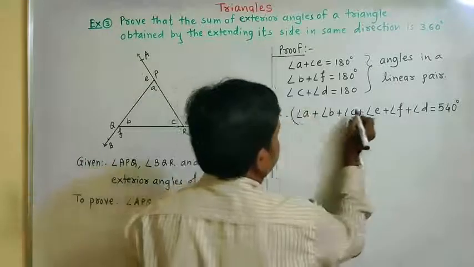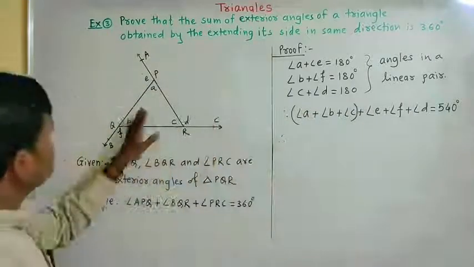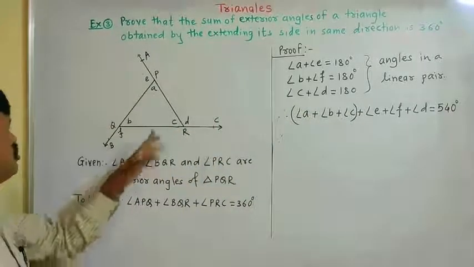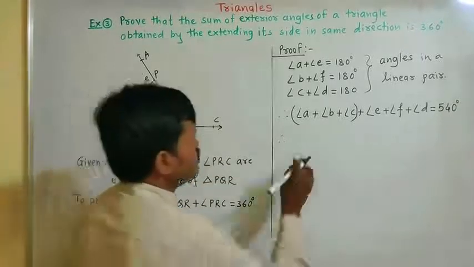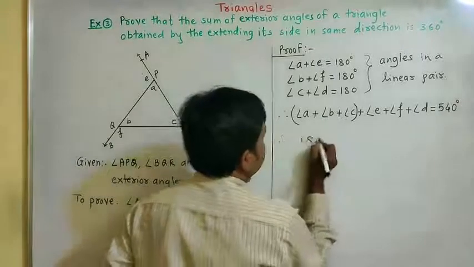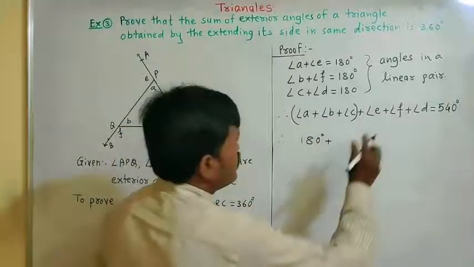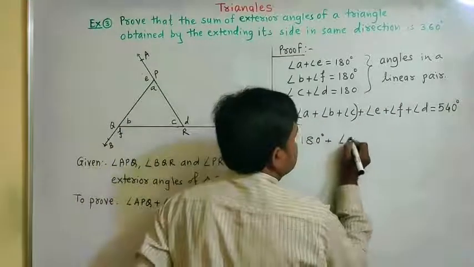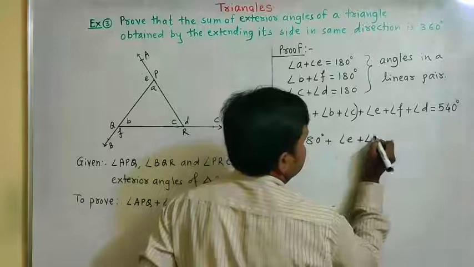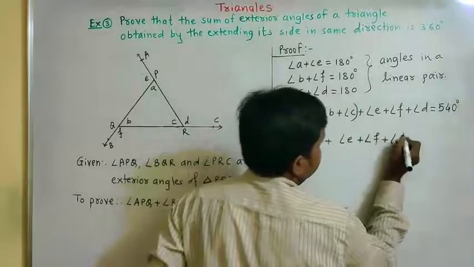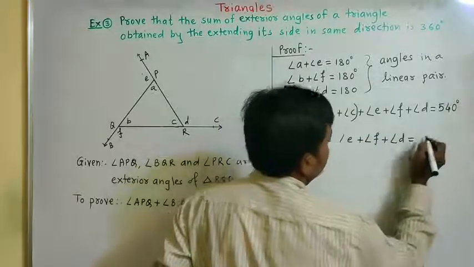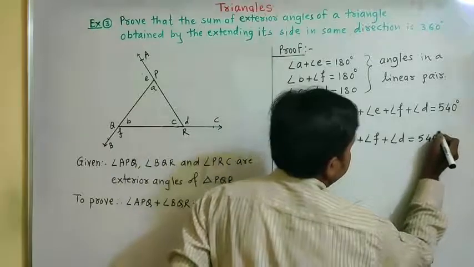Now we know that angle A plus angle B plus angle C, the summation of these three angles, are the angles of triangle PQR, so it is 180. So write 180 degrees plus angle E plus angle F plus angle D is equal to 540 degrees.